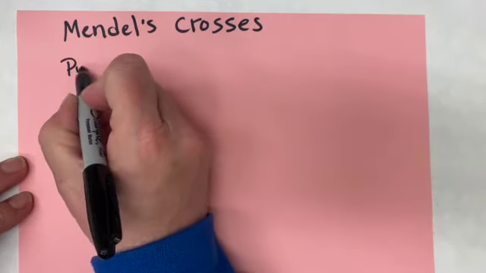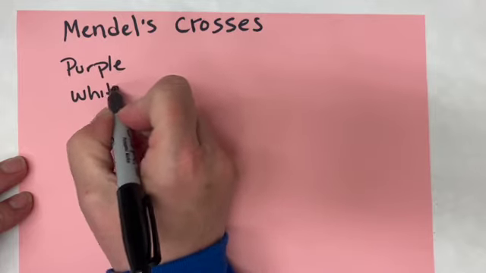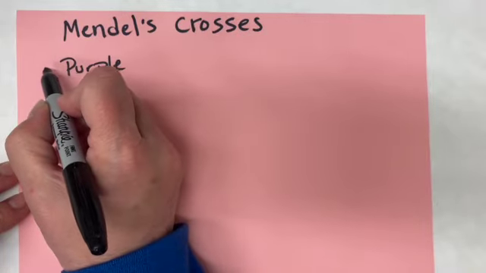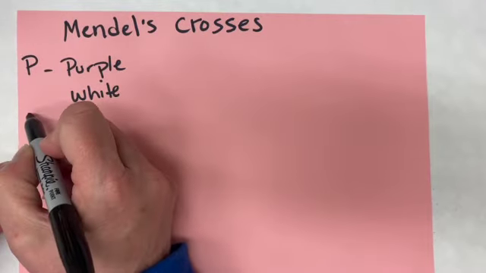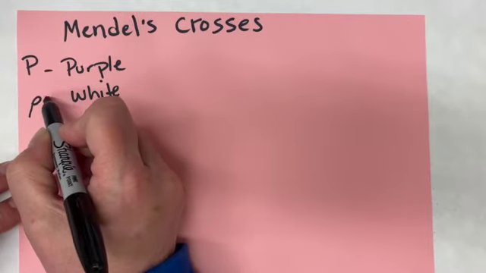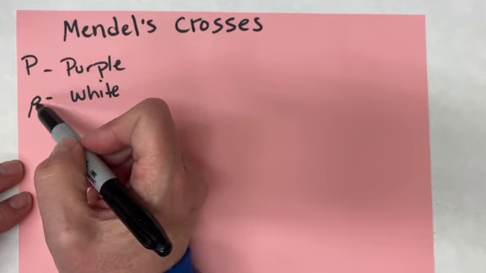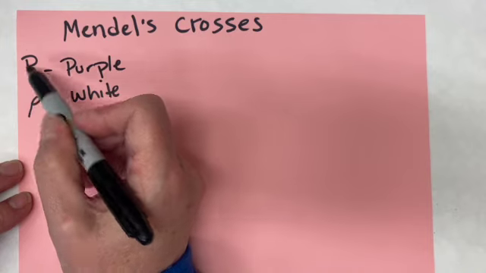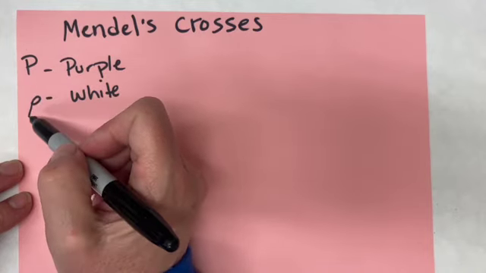And right now, we know that purple is dominant to white, but I'm gonna show you why that exists in a second. So let's just use a capital P for purple and a lowercase p for white. I'm exaggerating the difference between the capital and the lowercase because it's kind of hard to tell the difference if you don't exaggerate the difference between a capital P and a lowercase p.